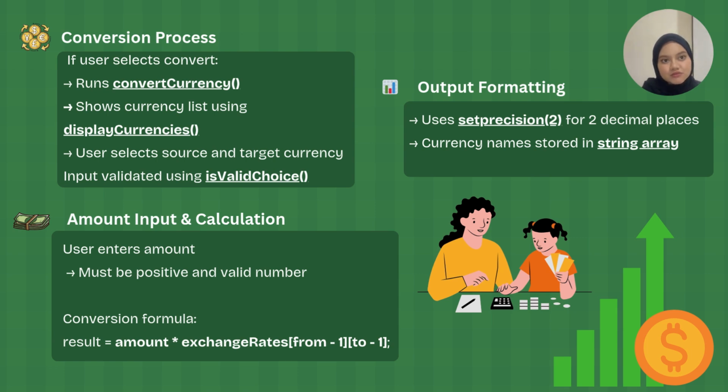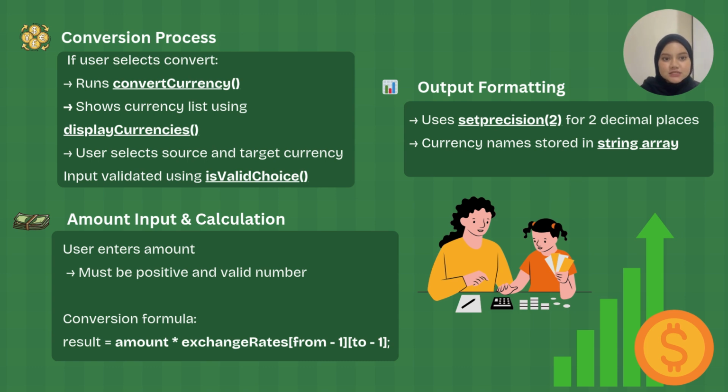The currency conversion uses a 2D array called exchange rate, which stores predefined conversion rates between each currency. The calculation is done using the formula given, which is result equals amount multiplied by exchange rate from source minus 1 and target minus 1.